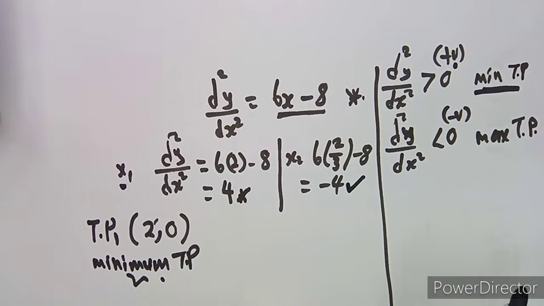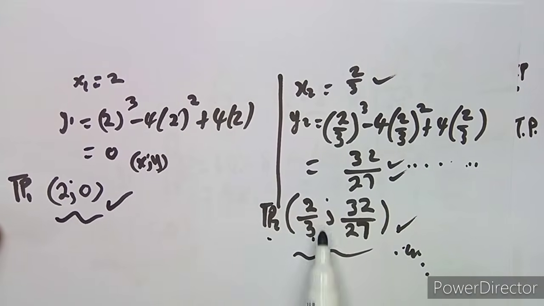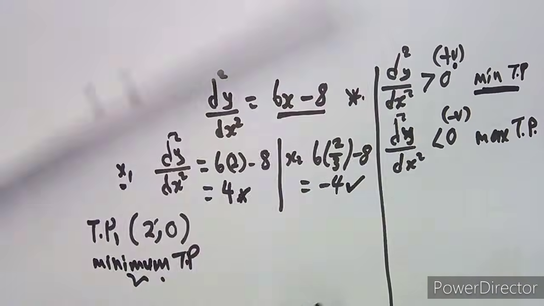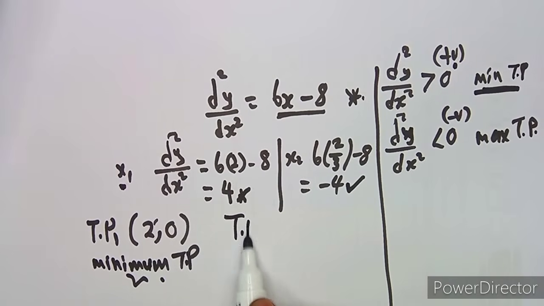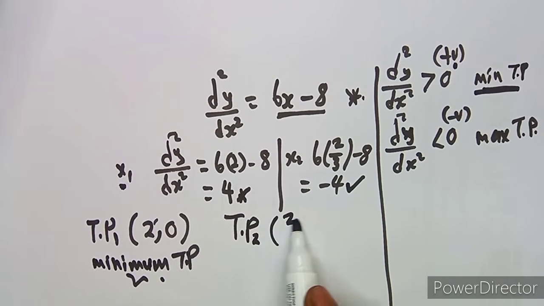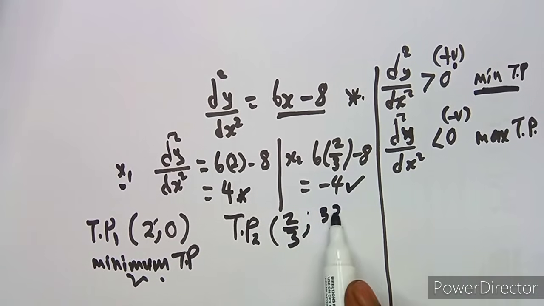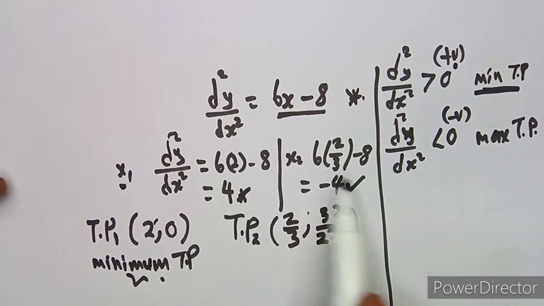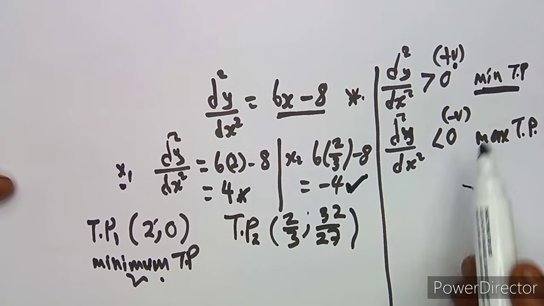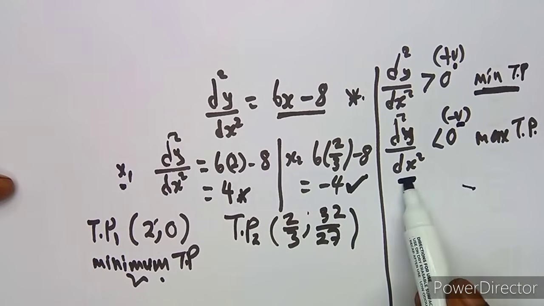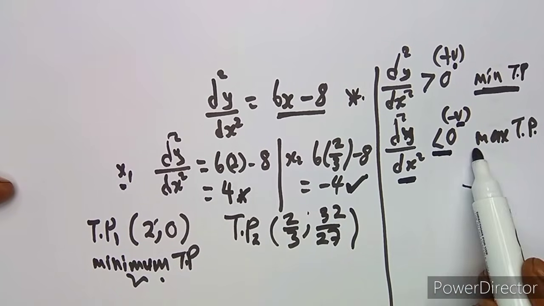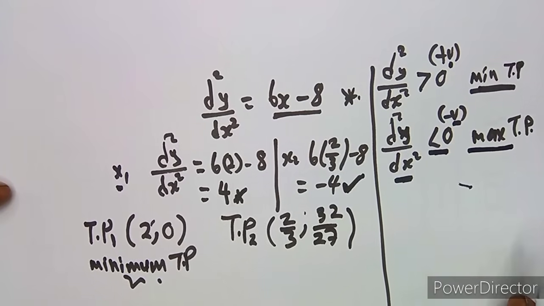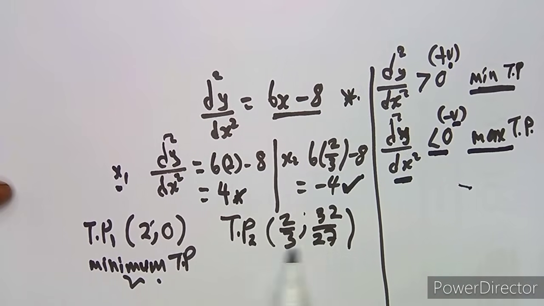From x2, the second turning point, this is where we substituted our x2. The second turning point was (2 over 3, 32 over 27). But because of the second derivative, we obtained a negative, and we said whenever the second derivative is negative, that is, less than 0, it means that's a maximum turning point.